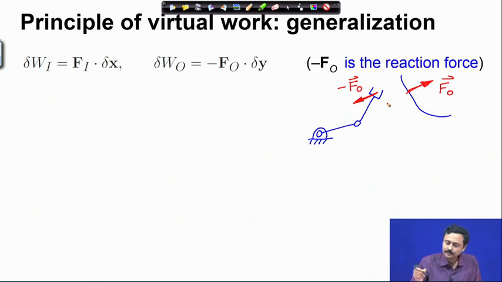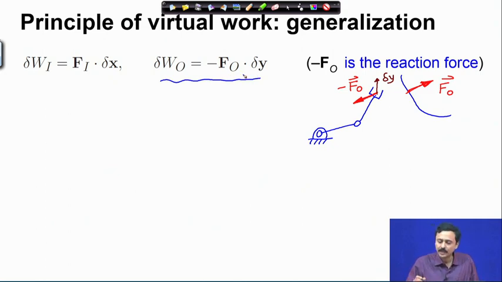So, if delta y is the virtual displacement at the output, delta WO, which is the virtual work done at the output, is given by minus FO dot delta y.